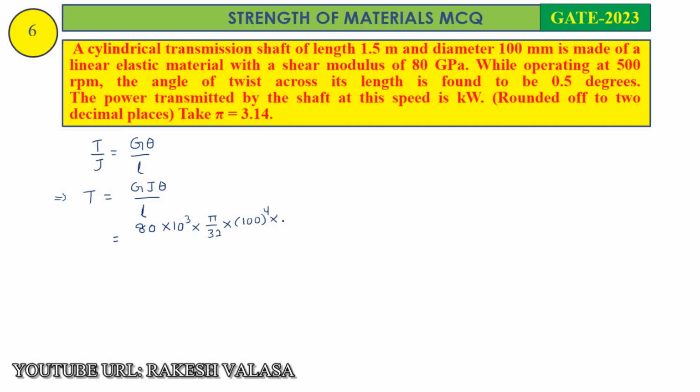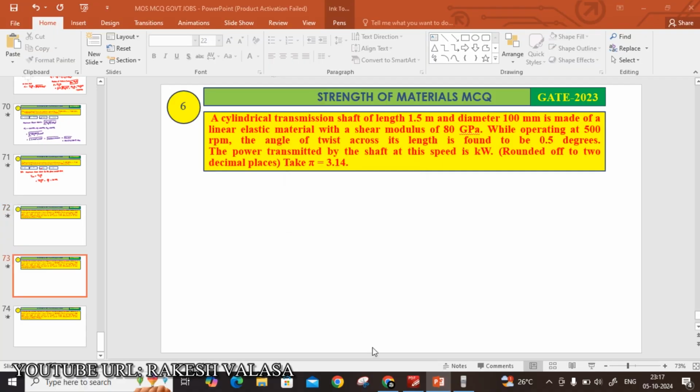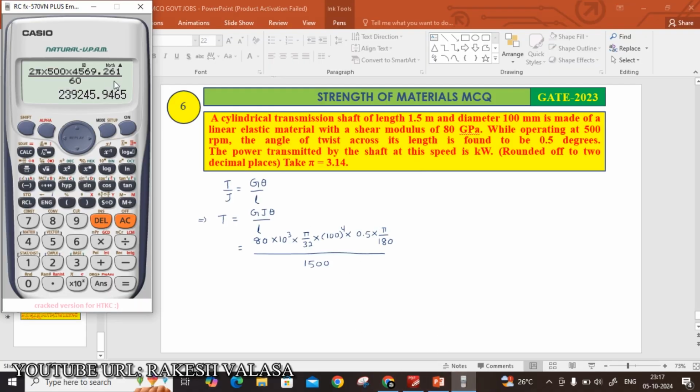Next, theta means angle of twist, that is 0.5 degrees into pi by 180 to convert into radians, by length. Length is 1500. By using the calculator, we can solve this equation. Now open the calculator.